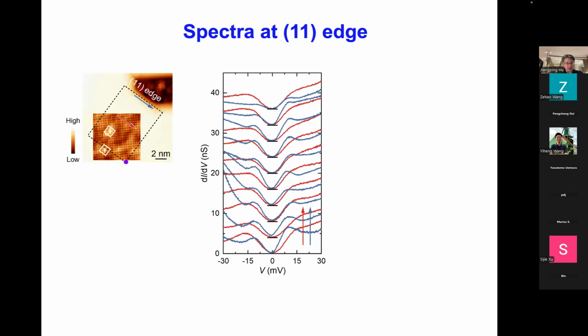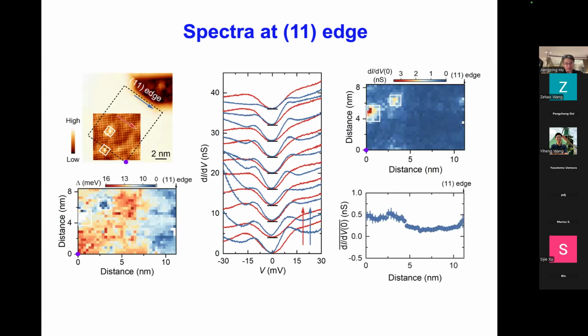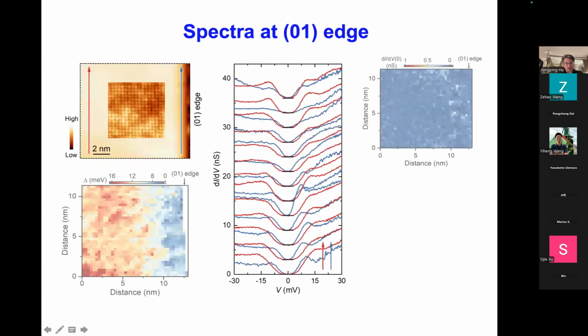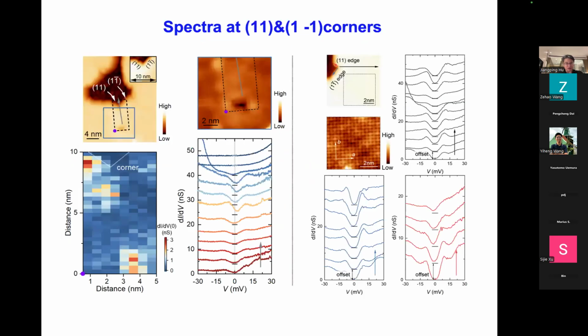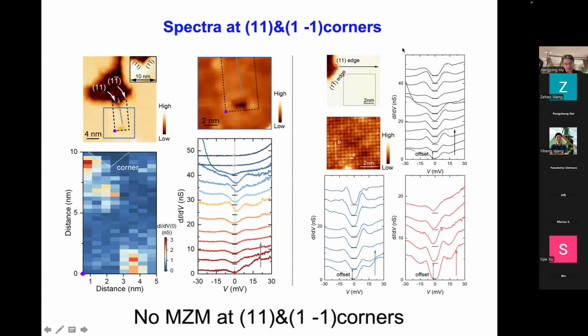We looked very carefully at every edge and every corner, and the spectrum remains the same. So there is no gapless state at the 1,1 edge, and if you look at the 0,1 edge, there is also no gapless state. And if you look carefully at the corner spectra, there are no zero Majorana modes discovered. It is all trivial.